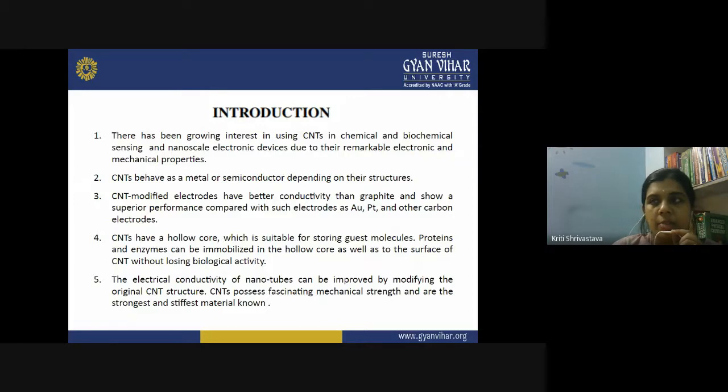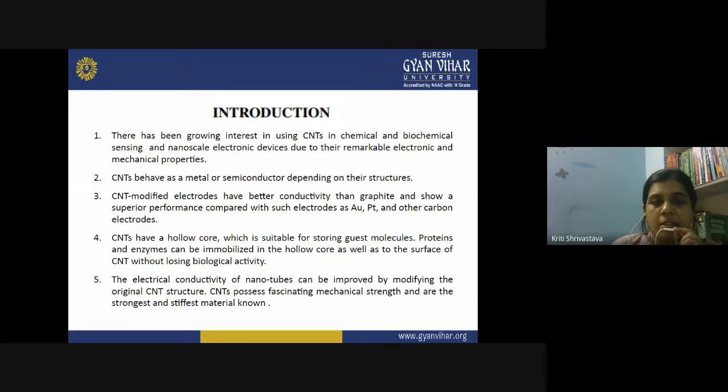A very important property is that carbon nanotubes can behave as a metal or semiconductor, and that depends mainly on their structure. If you change the structure or change their chemical composition by some dopant, they can behave as a metal or semiconductor. So desired changes can be made to obtain the required property of the carbon nanotube.